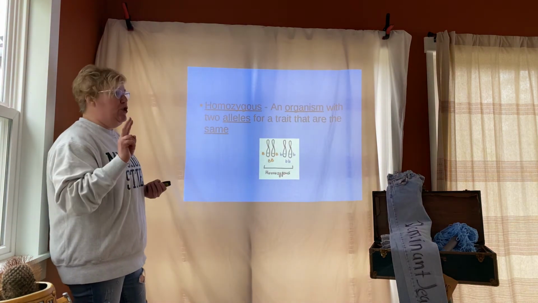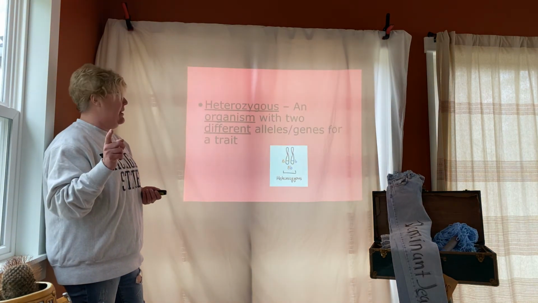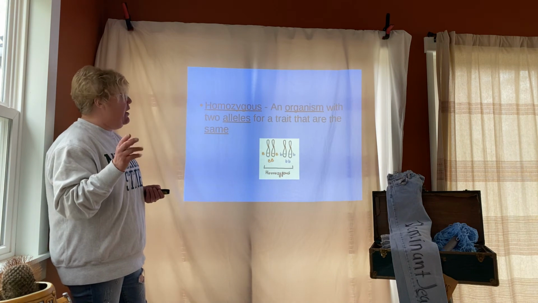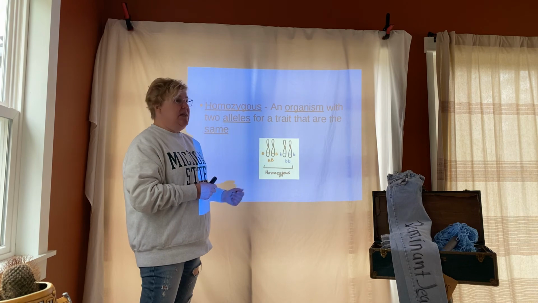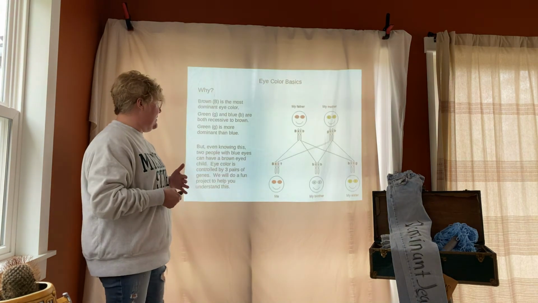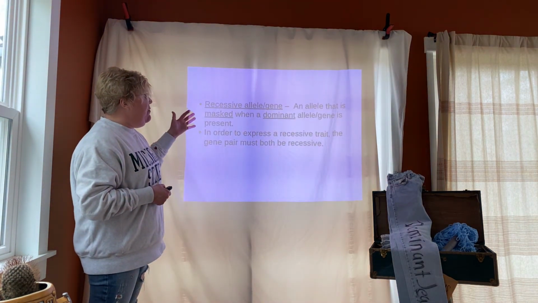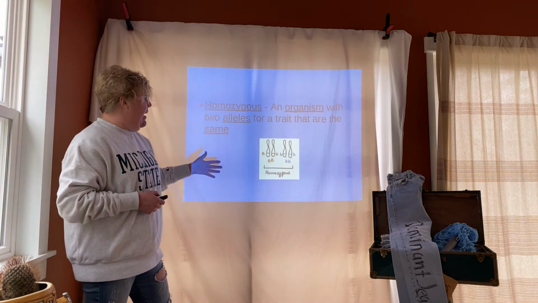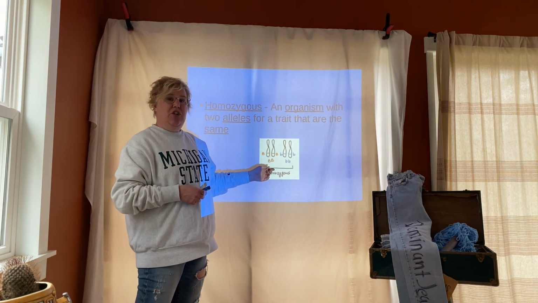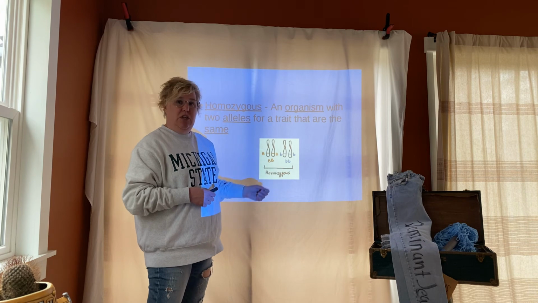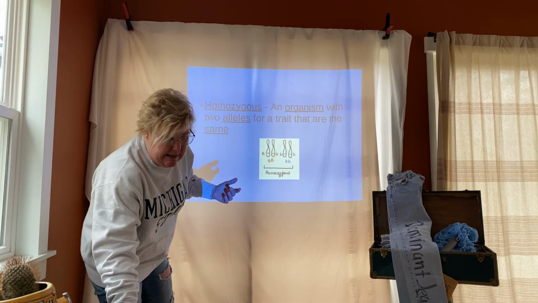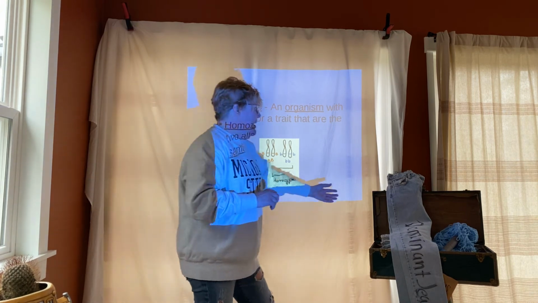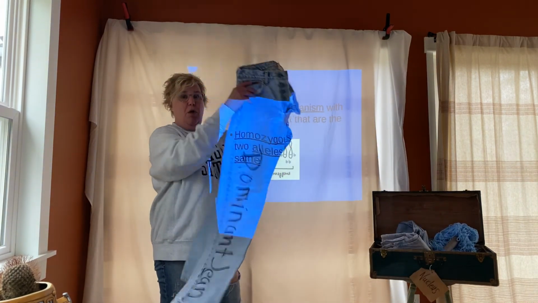So let's talk about two terms, homozygous and heterozygous. Homozygous means that the pair of alleles is exactly the same. So you can have two big B's, which in genetics, dominant and recessive are represented by big or little. Dominant genes, we use big letters. Recessive genes, we use little letters. But if something is homozygous, it means that in its gene pair, both of them are the same.